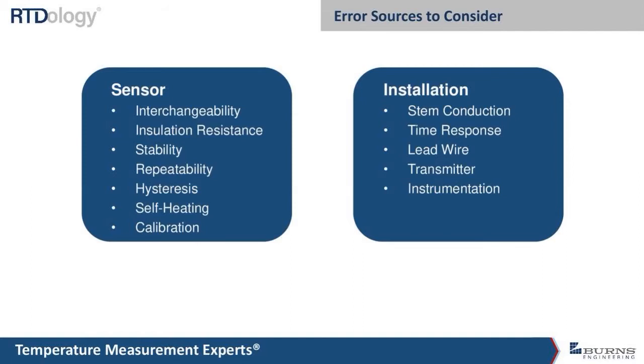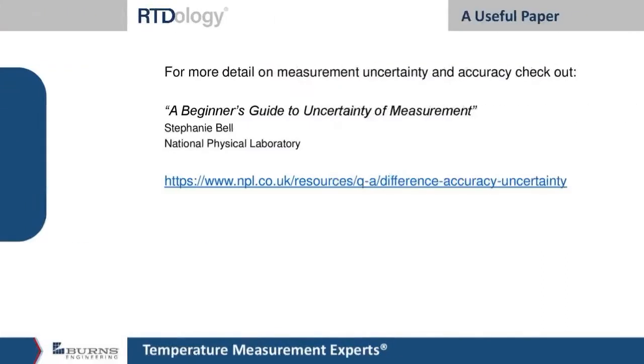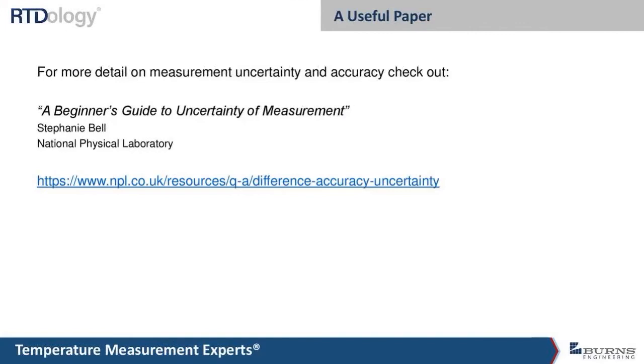This is by no means complete information on how to come up with an accuracy measurement. I do have some other videos that show in more detail how you would go about calculating a measurement accuracy. And one other resource that I've found really useful is the Beginner's Guide to Uncertainty of Measurement.